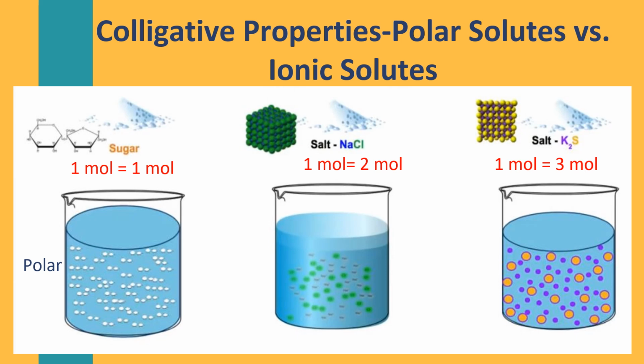It's not going to break apart. When you put this substance in the water, it stays intact. It still dissolves because of the hydrogen bonds between the oxygen and the hydrogen here. That is what polar molecules look like.